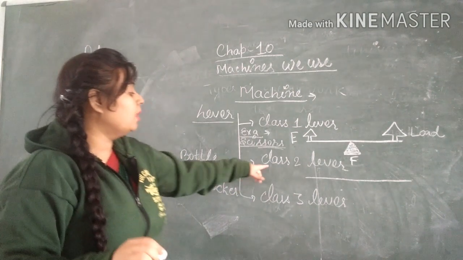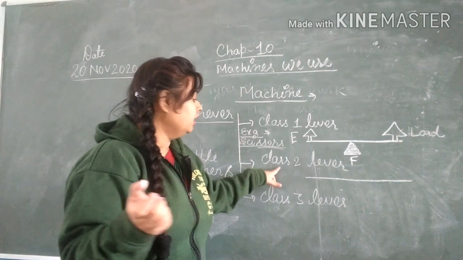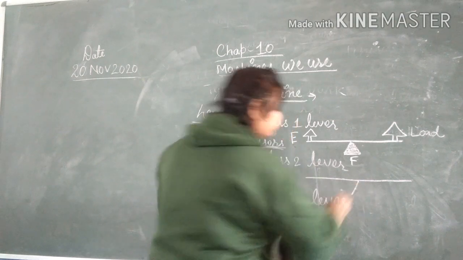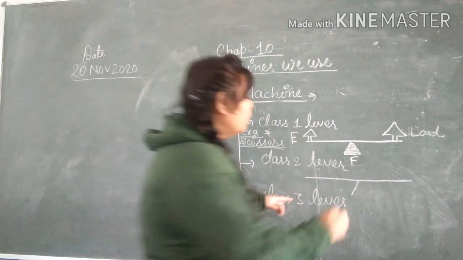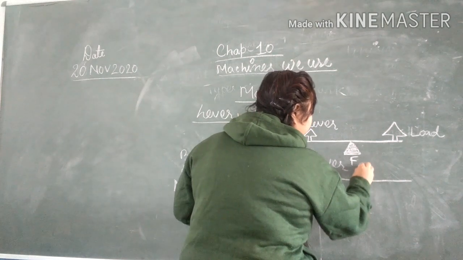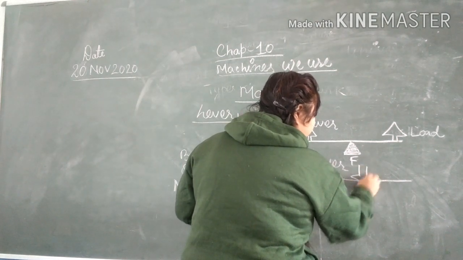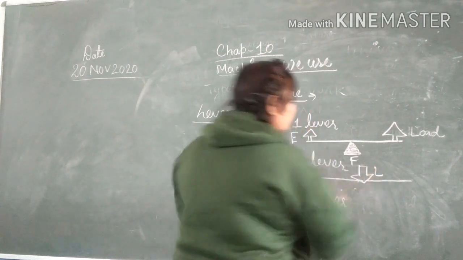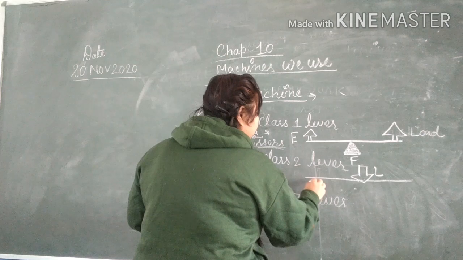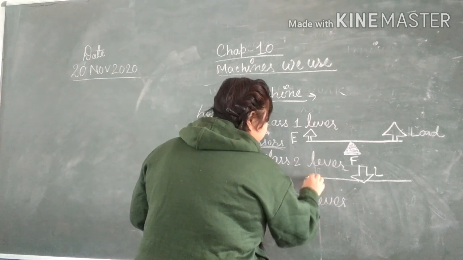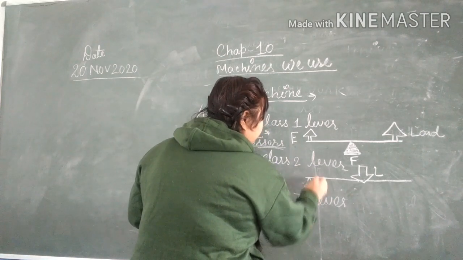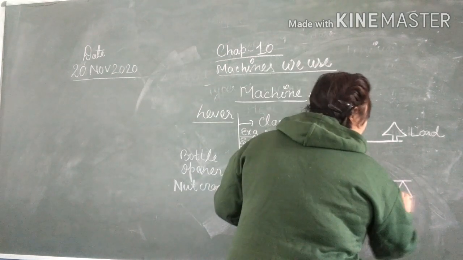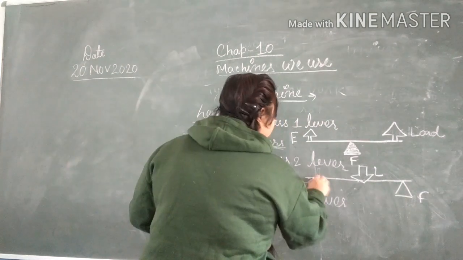So students, in a class 2 lever, the load is just between the effort and the fulcrum.